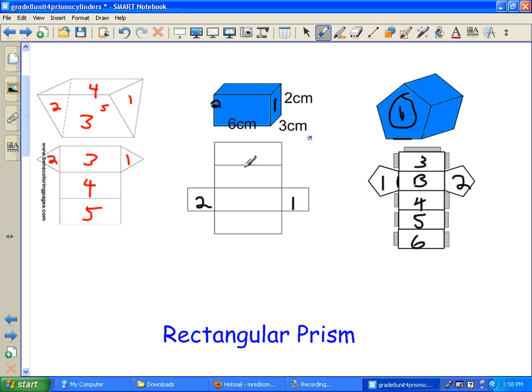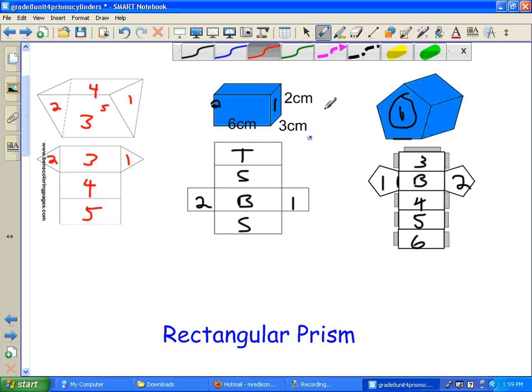And then, of course, you've got your top and your bottom. So if this one is your bottom, this one will fold over to give you your top, and these two are the sides. The one thing you've got to notice when you're looking at them, let's take this square. So this square is this one right here. When it's folded up, so let's go up from the bottom, and that is 2 centimeters right there.